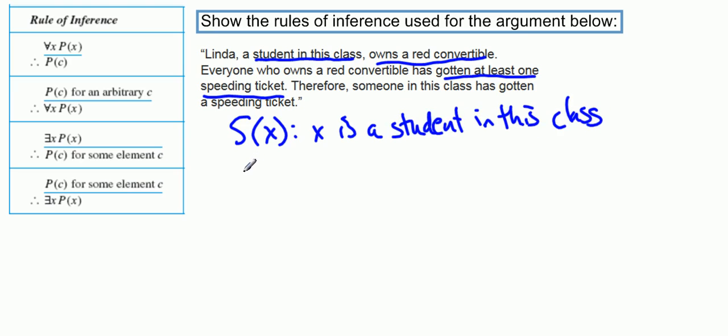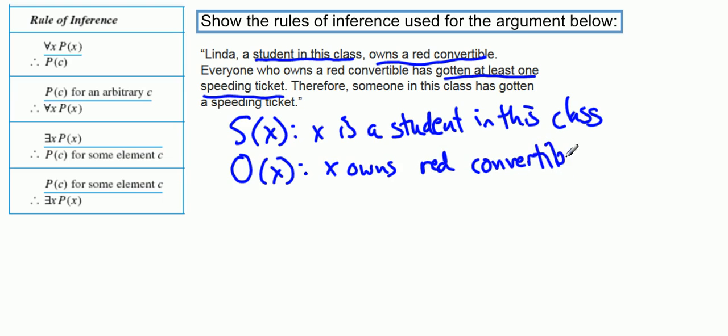We will let O of x mean x owns a red convertible. These names are arbitrary. And then we'll do t of x. We can't use s for speeding because we already have s taken for student, so we'll use t of x, that x has gotten a speeding ticket.